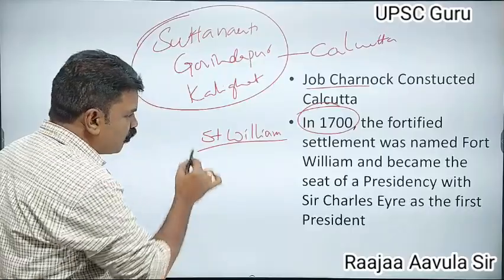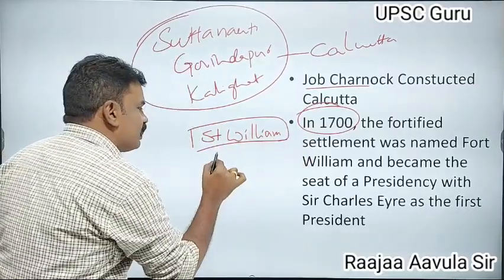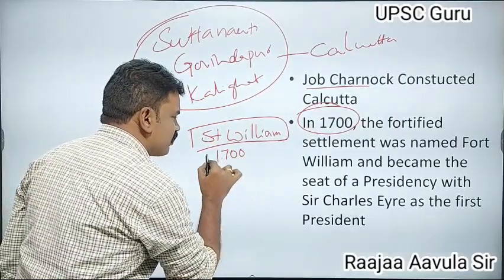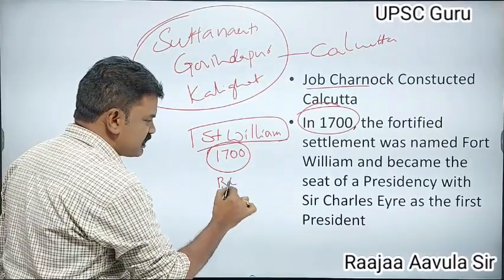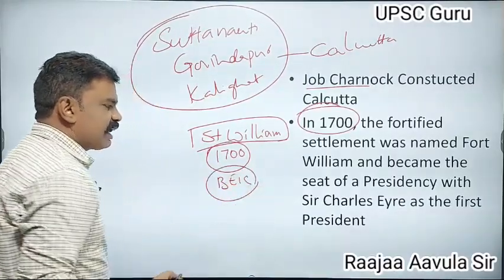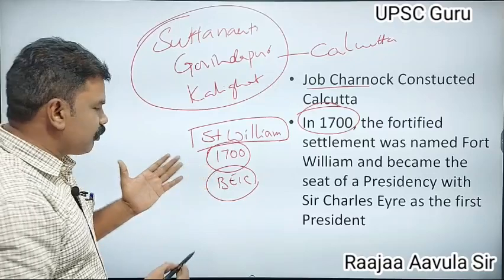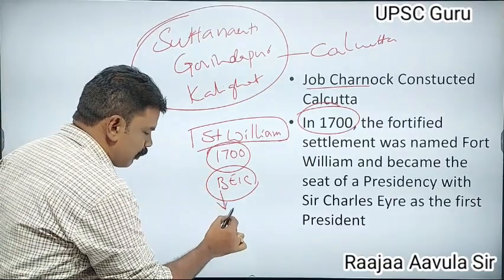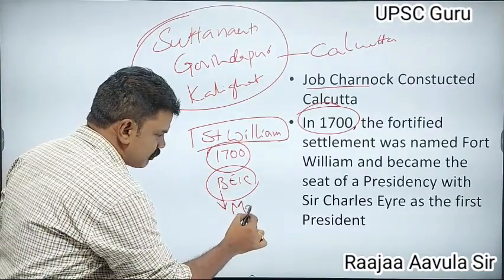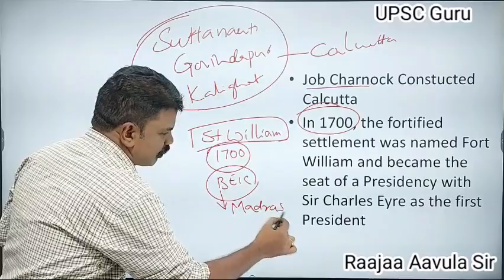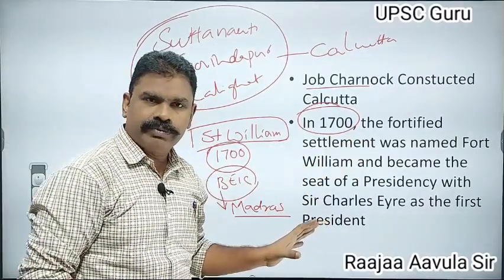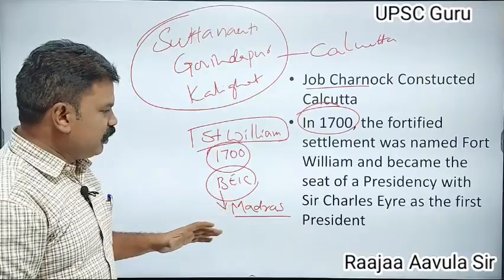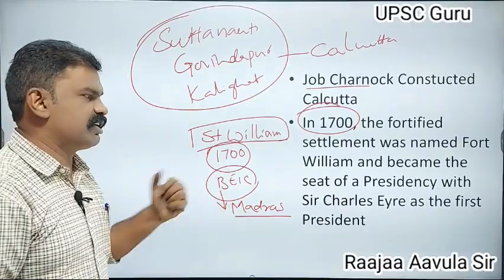Before the construction of St. William in 1700, the British East India Company continued trade from the headquarters of Madras. Before the establishment of Fort William, they continued their activities from Madras.